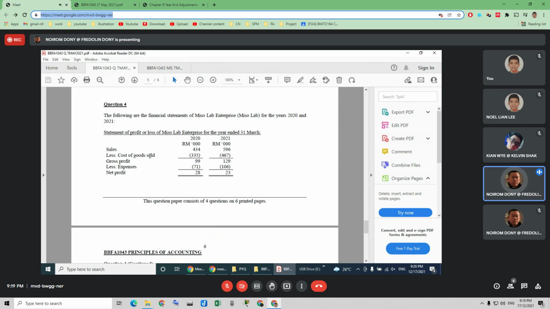Okay, so this is your cost of goods sold. Increase in sales, but then the cost of goods sold also increase. So when we divide, the percentage resulting from the gross profit margin is much lower compared with the previous year.